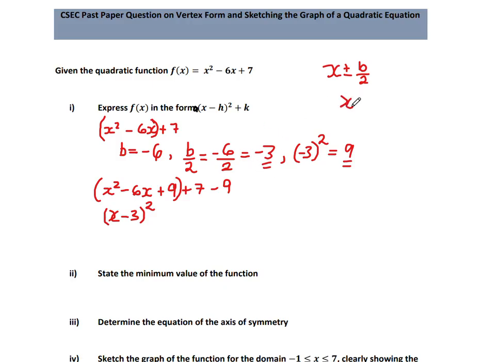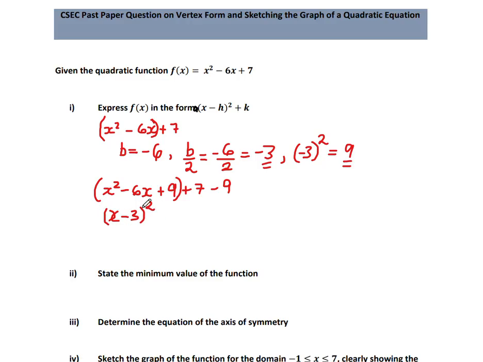So that is why the factors that constitute the perfect square would be x minus 3. And because a quadratic equation will have two factors, it will be x minus 3 all squared, which means x minus 3 multiplied by x minus 3. So that is the logic behind the derivation of the x minus 3 all squared.